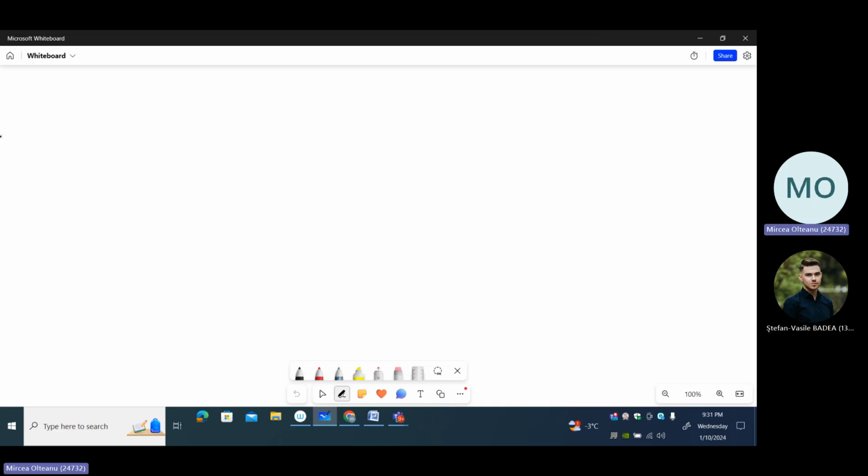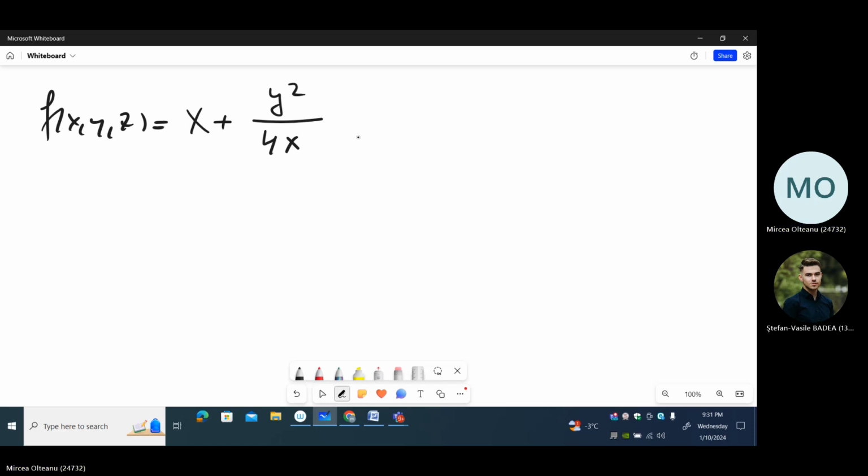Okay, let's try this one in 3 variables. F of x, y, and z equals x plus y squared over 4x plus z squared over y plus 2 over z.